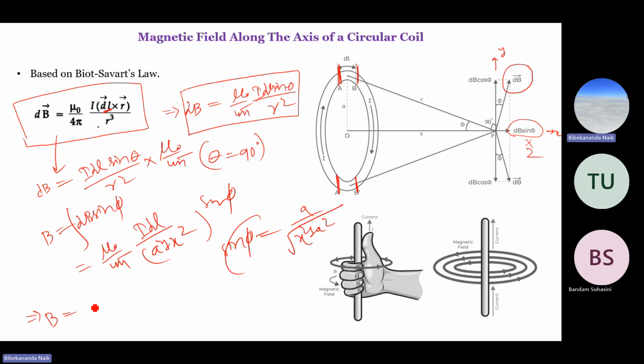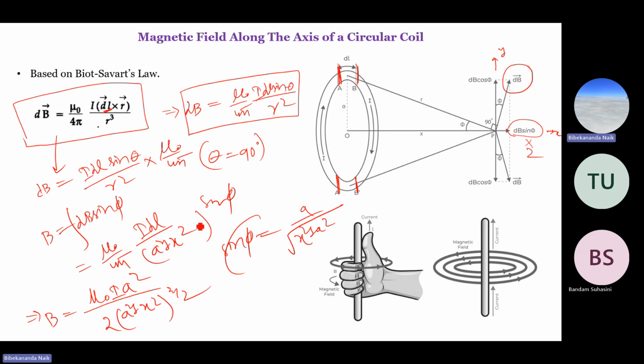So if you put this in, B will be mu 0 by 4 pi, and the integration of dl will be 2 pi r, which is 2 pi a. So if you put all this, you will get mu 0 I a square divided by 2 times a square plus x square to the power 3 by 2.